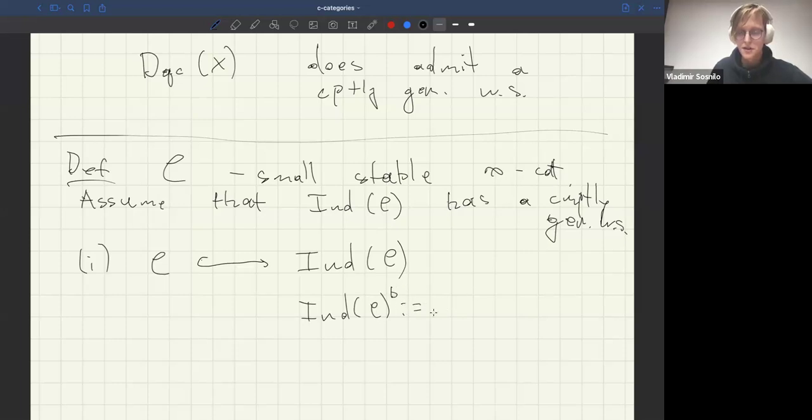So this is by definition the union of C less or equal than, well, let me make some slight abuse of notation.